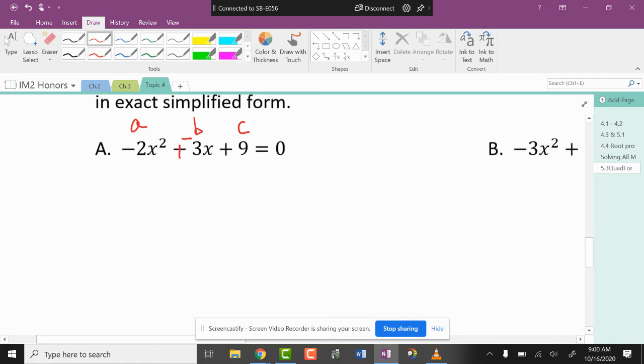Students often miss the minus signs and don't give the appropriate B value. And C is 9. Now, if I didn't give you enough time, here it is again: the opposite of B plus or minus the square root of B squared minus 4AC all over 2A.